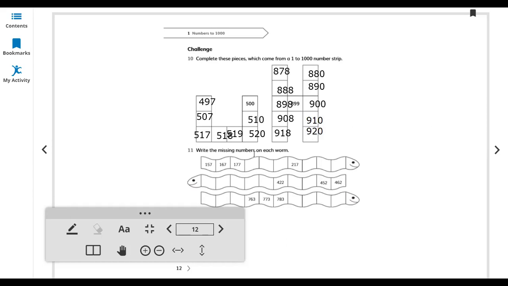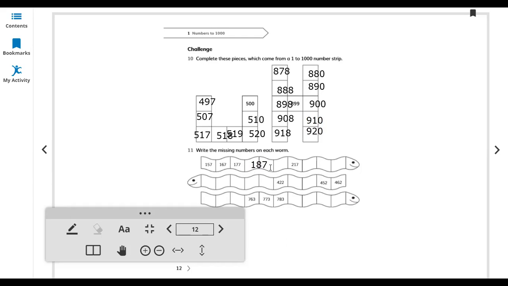Question number 11. Write the missing number. 157, 167, 177, 187, 190, 197.